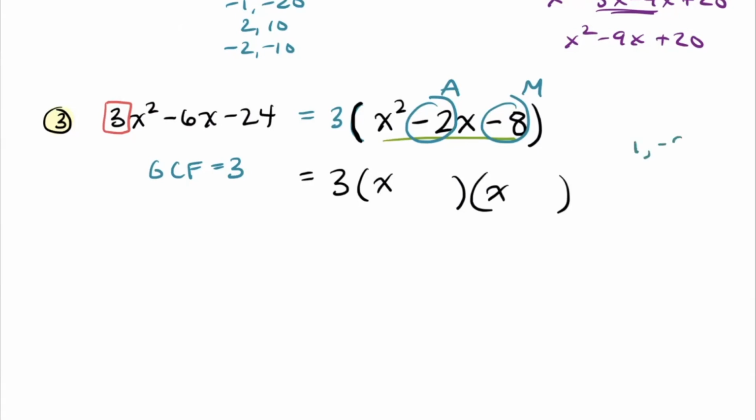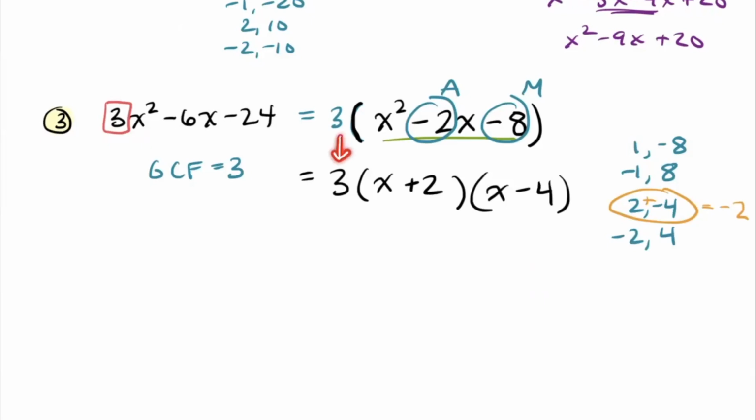So 1 and -8, or -1 and 8, 2 and -4, -2 and 4. And the only two of these that add up to -2 are 2 and -4. So we've got +2 and then -4. And again, with that GCF of 3, it still needs to hang around in the front. So here's our factored form of that.